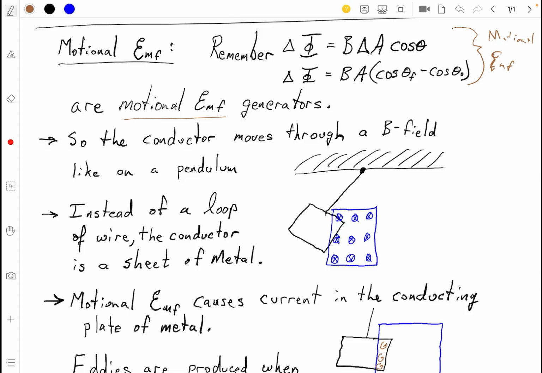Let's say we have a conductor moving through a B field, like on a pendulum. There's a sheet of metal, steel or aluminum, it doesn't matter, some conductive metal thing that is going to swing through this B field. The B field is pointing into the page, and this metal piece is going to swing through that B field from one side to the other.